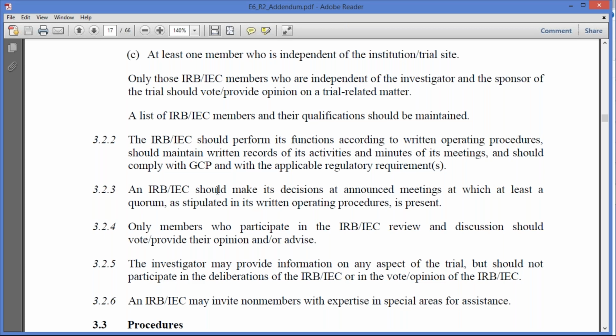An investigator may provide information on any aspect of the trial, but should not participate in any deliberations of the IRB. They can participate, but they cannot vote. IRB may invite other persons with the proper expertise to provide opinions.